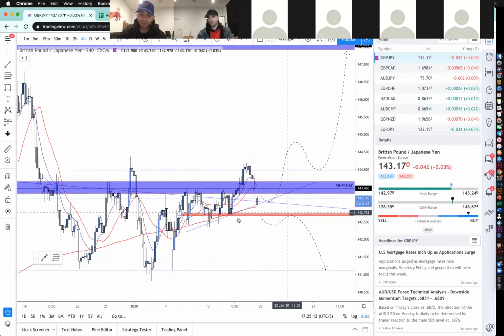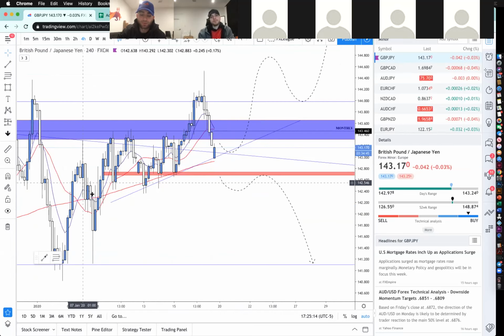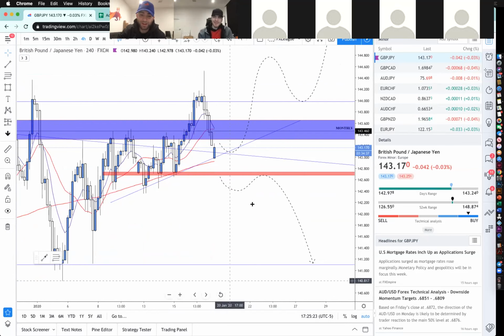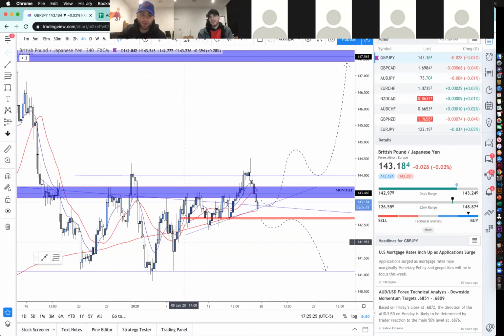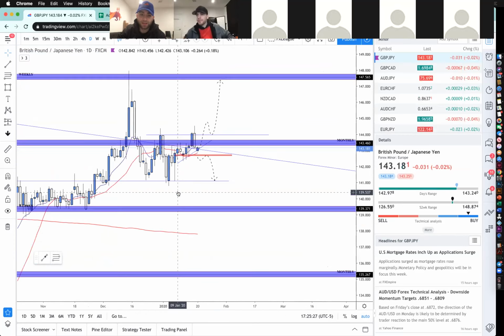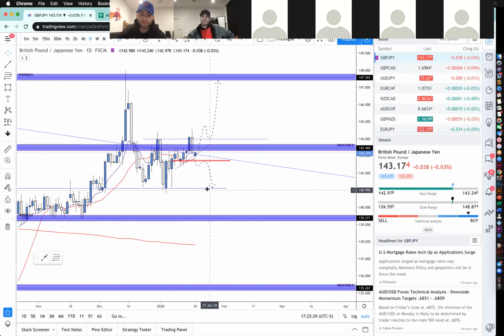Basically, I'm either looking to continue this 4-hour uptrend, breaking above here, and play it back into this high, and then ultimately see if it really rejects according to the weekly bearish sentiment.